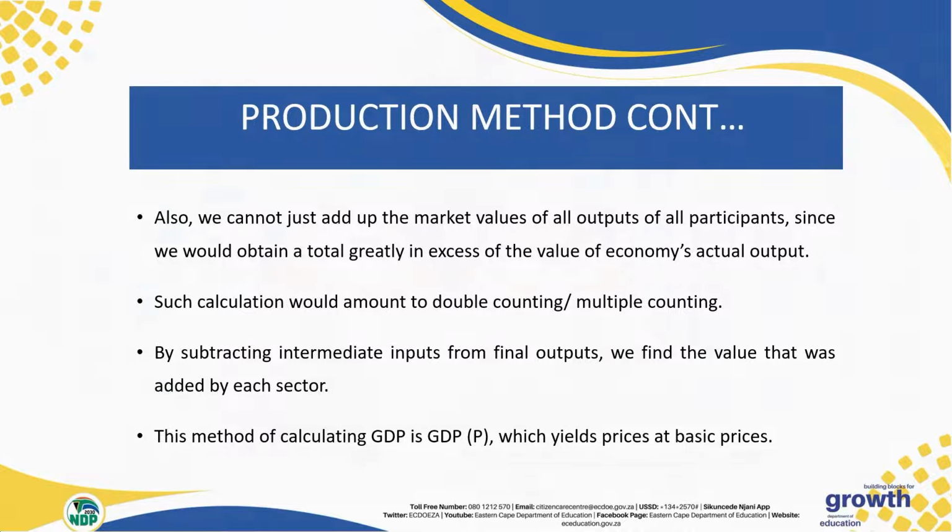So it focuses on the value only that has been added by this stage of the production process. So if you are using this method, it will yield the GDP at basic prices, because the first answer that you are going to get is based on the basic prices.